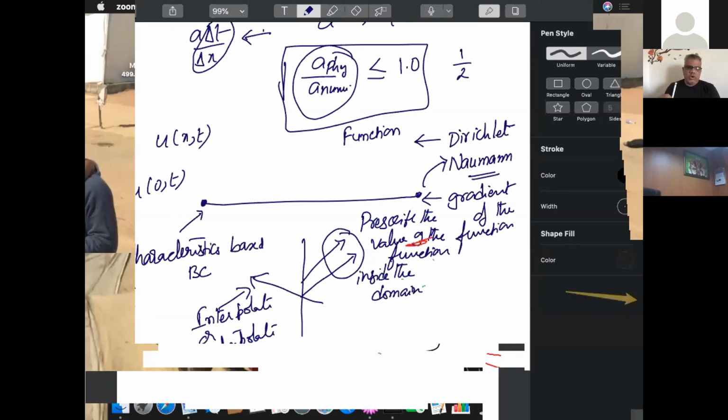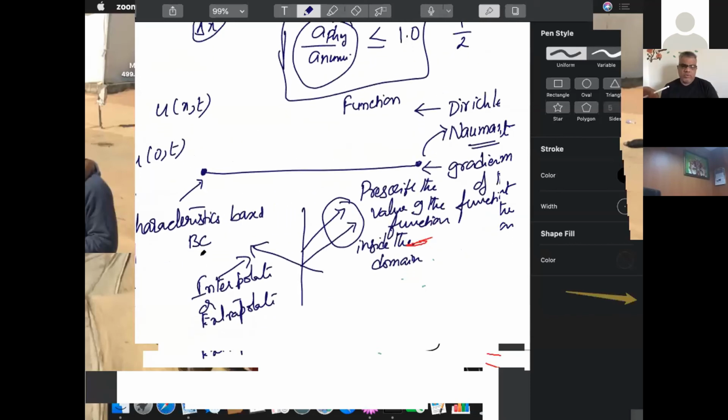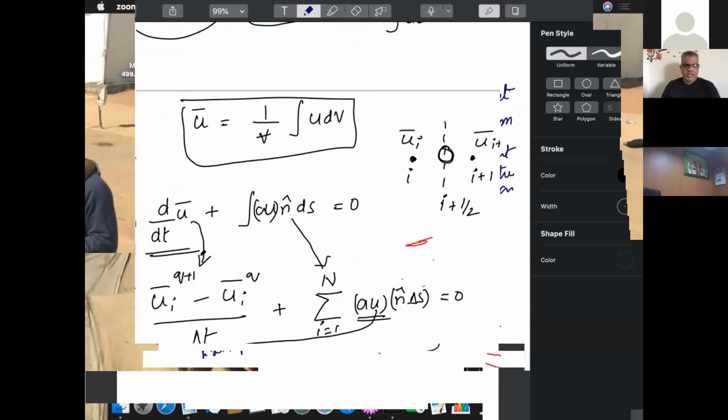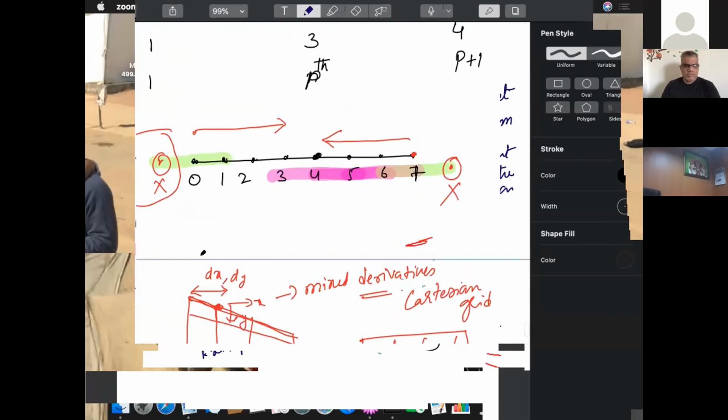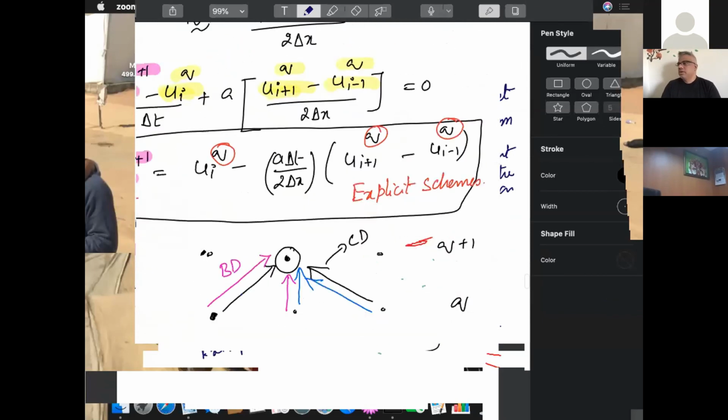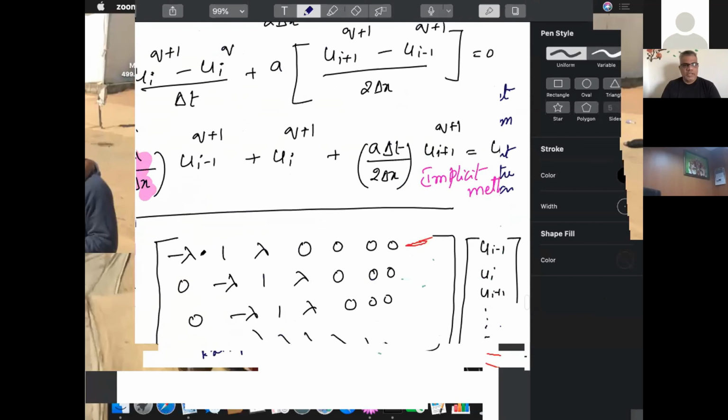So this is a simple glimpse of boundary conditions. You need a minimum of 2-3 hours of discussion on boundary conditions itself, and whatever I have presented here is just the simple basics of these methods. Okay, fine. I'll stop here.